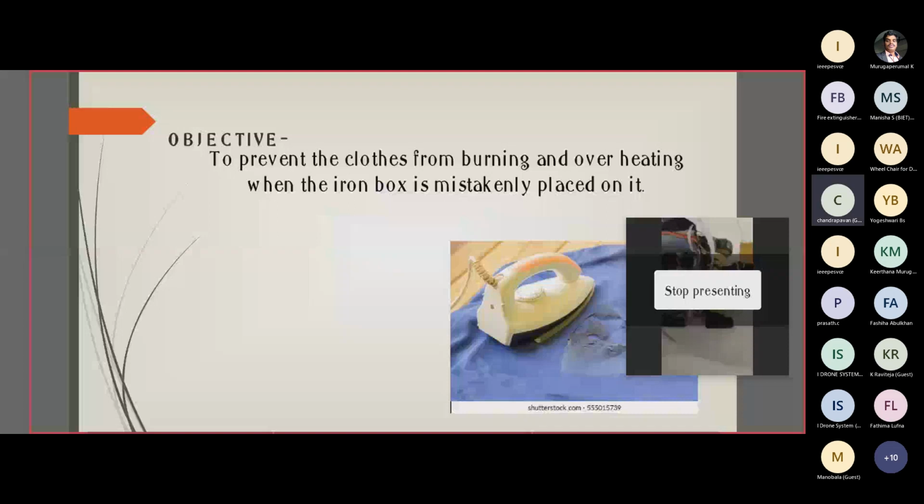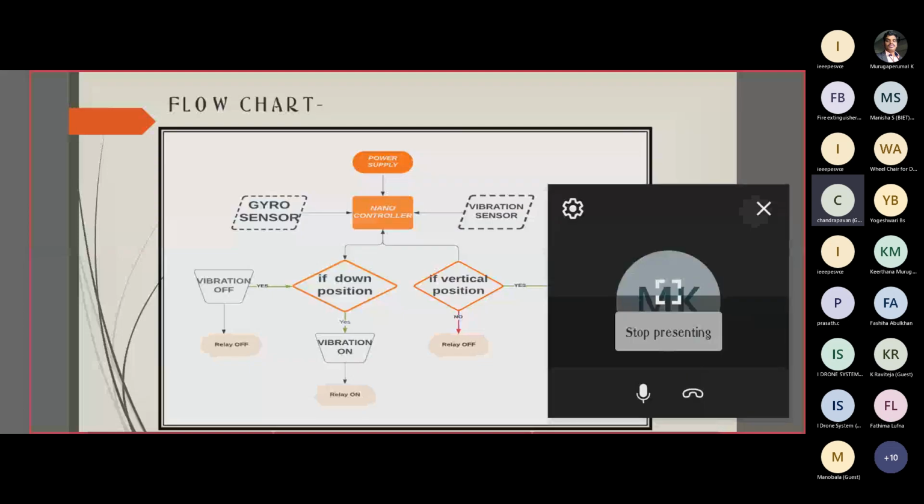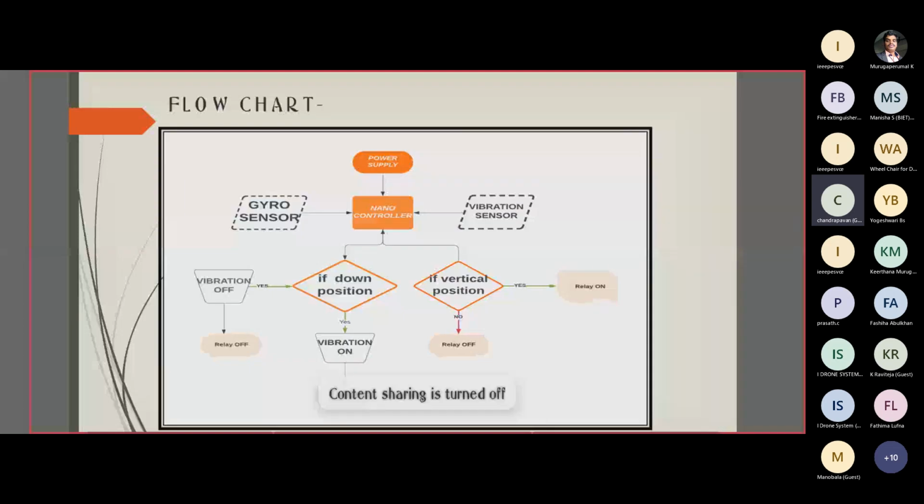Good morning. Now I'm going to explain about a flowchart. Here a nano microcontroller is used. On the input side we are connecting a gyro sensor and a vibration sensor. The concept is when a vibration is off, the relay will be off. If this iron box is placed in a down position, the vibration is on, then relay will be on.